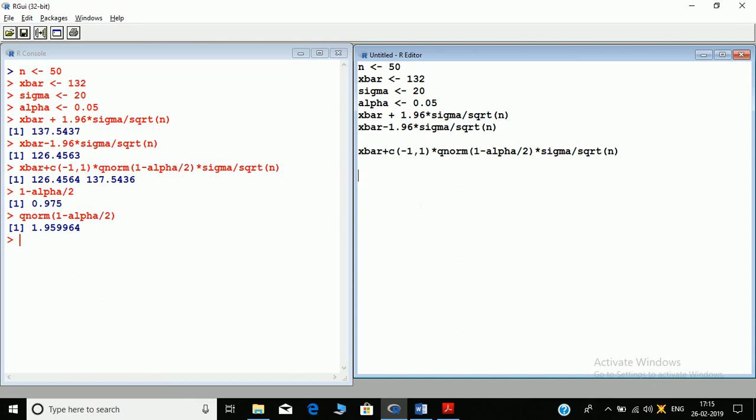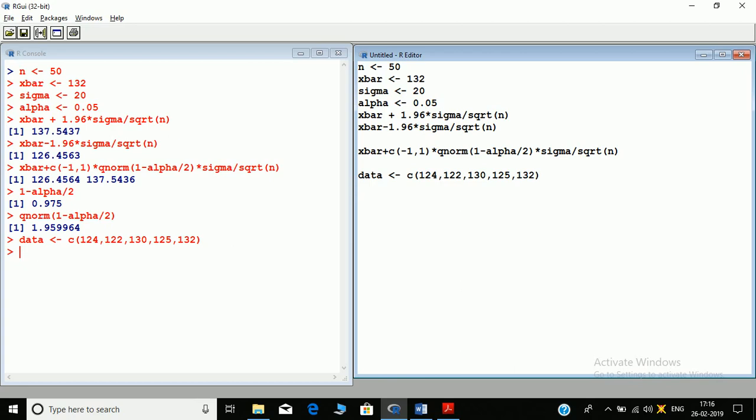So first we'll store our data. C of 124, 122, 130, 125 and 132. This is the data.